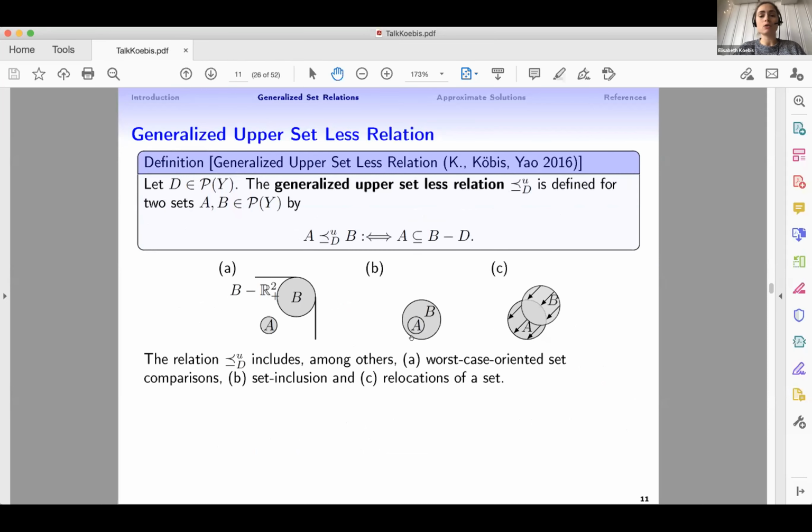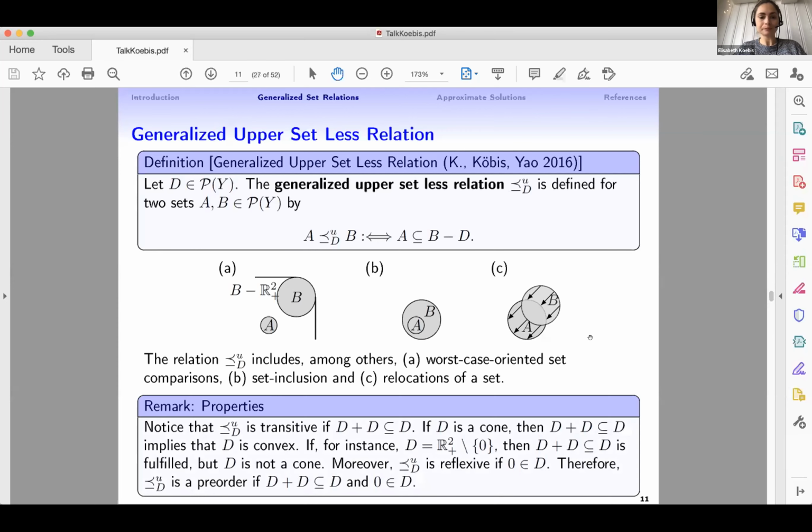However, we can also model, for example, set inclusions. We can model that A is a subset of B minus D, where D is just the zero vector. Or here, if D is just one non-zero vector, we can model relocations of a set or subsets of relocations of a set.